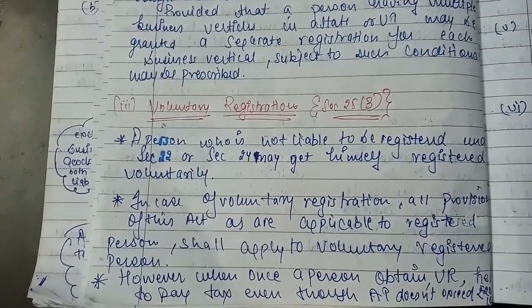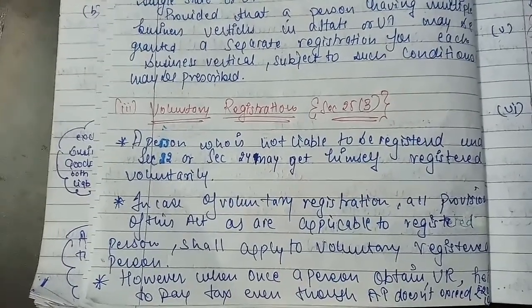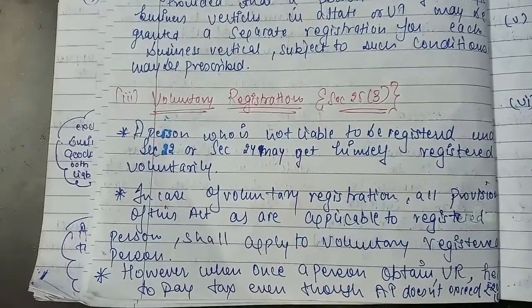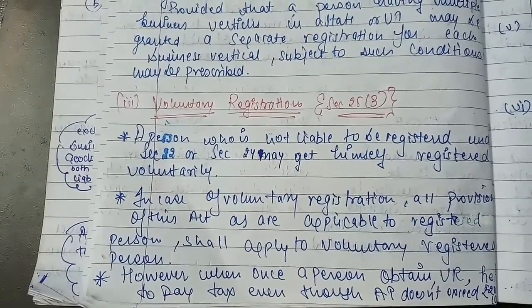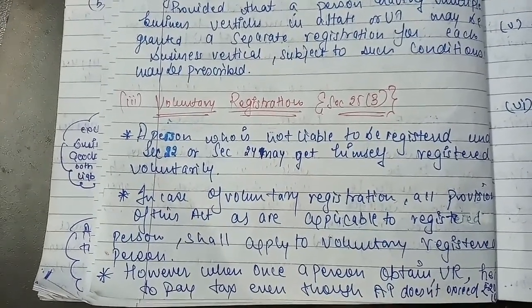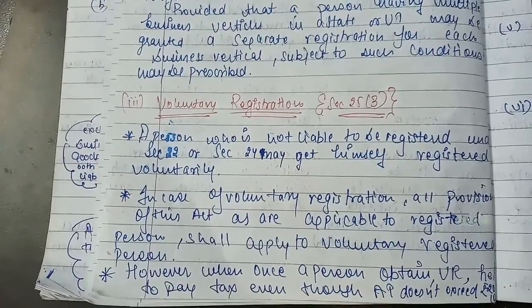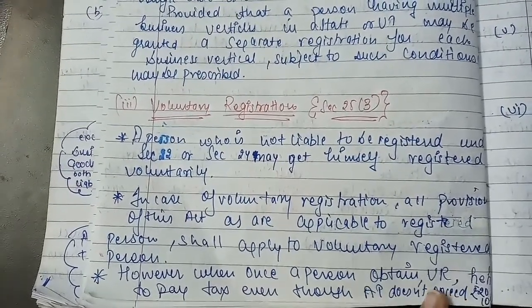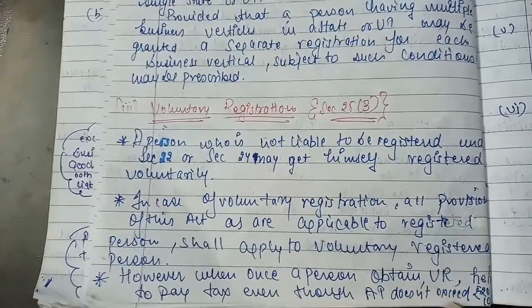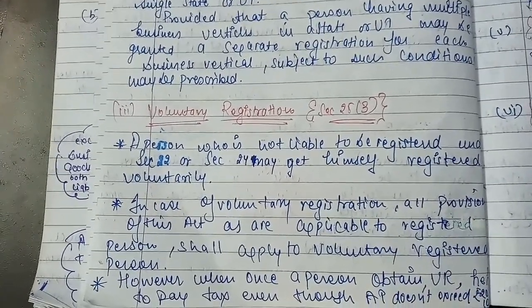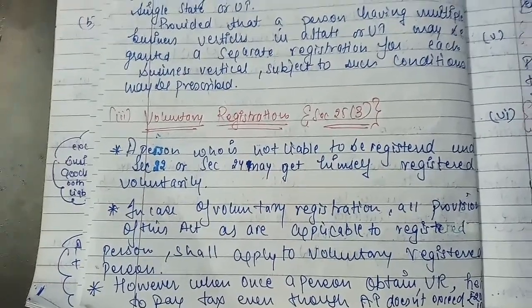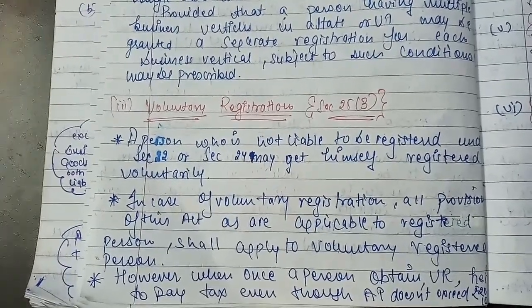In case of voluntary registration, all provisions of this Act as are applicable to a registered person shall apply to a voluntarily registered person. However, once a person obtains voluntary registration, he needs to pay tax even though his aggregate turnover does not exceed 20 lakhs, and 10 lakhs in special category states.